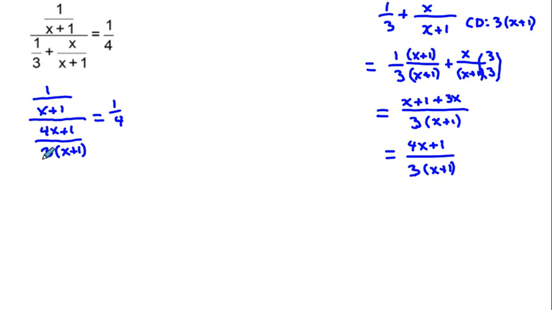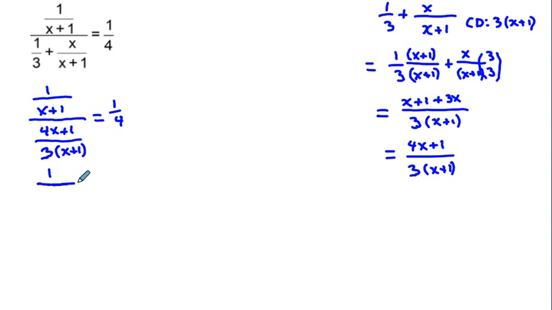And so now we're going to reach back into our toolkit from previously learned techniques, and remember that dividing by a fraction is the same as multiplying by that fraction's reciprocal. So that's exactly what we're going to do here.